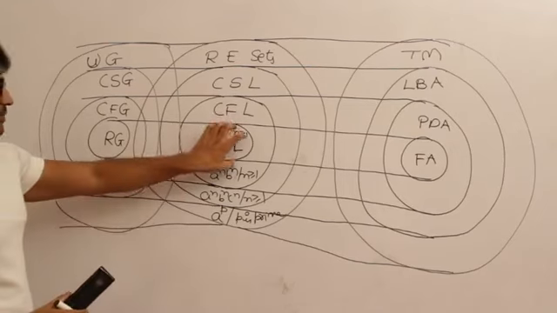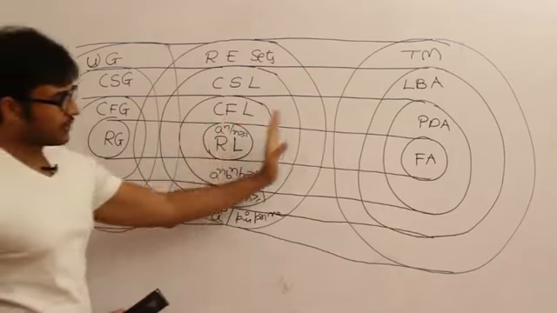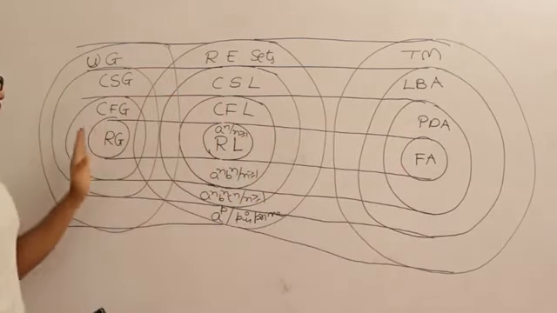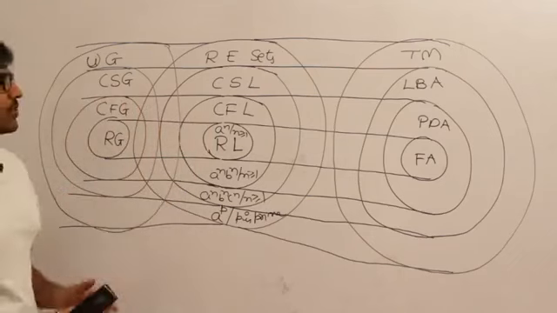So there are some family of languages. These are the family of machines which will accept this family of languages, and these are the family of grammars which will generate this family of languages.